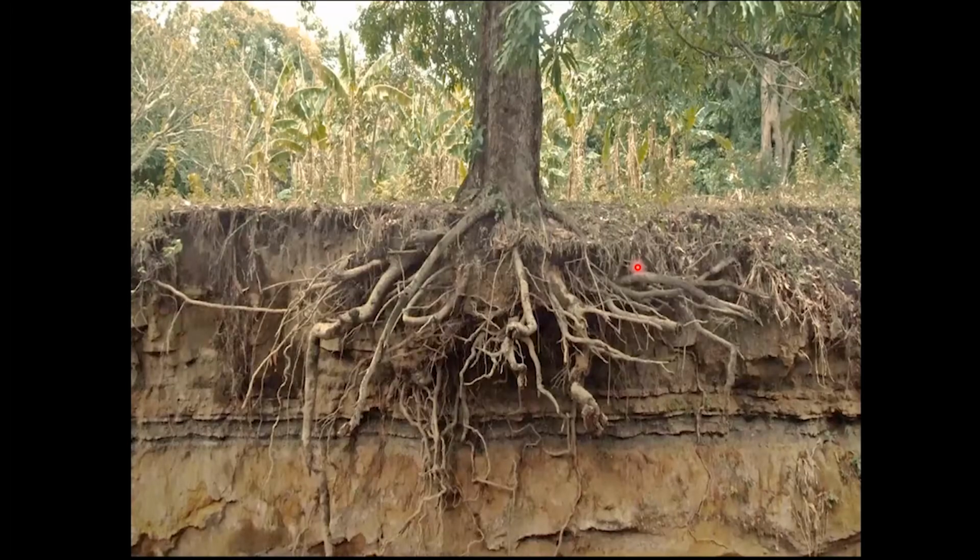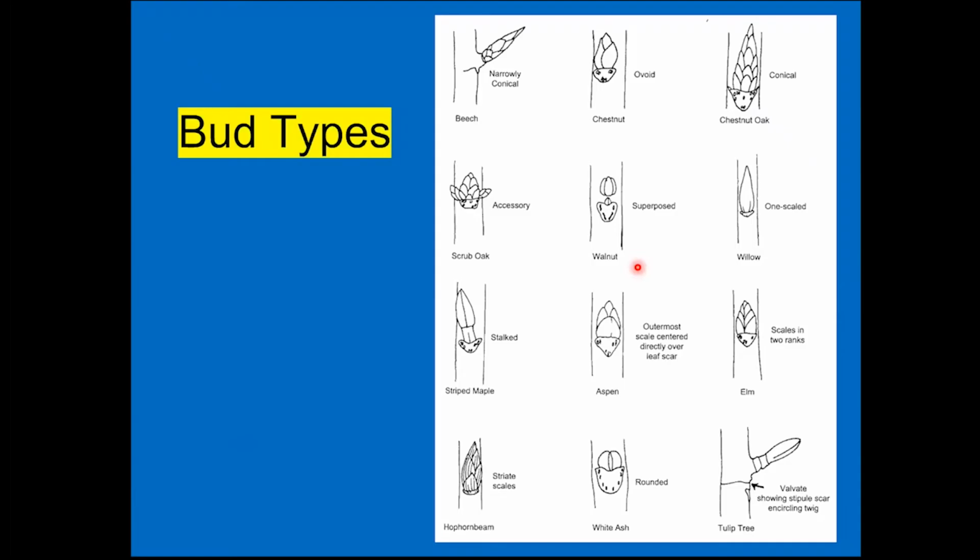There are different buds. Let's look at that a second. You can see that the beech bud is very narrow, whereas some of them have two or three little buds coming out. Some of the buds have a stalk, like they do in the maple. Some are rounded, like the ash.